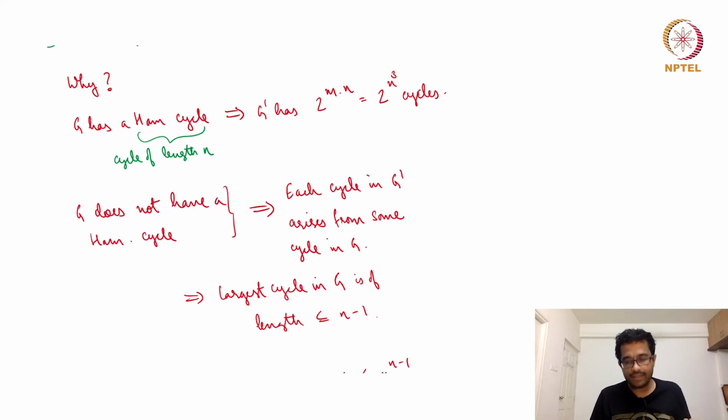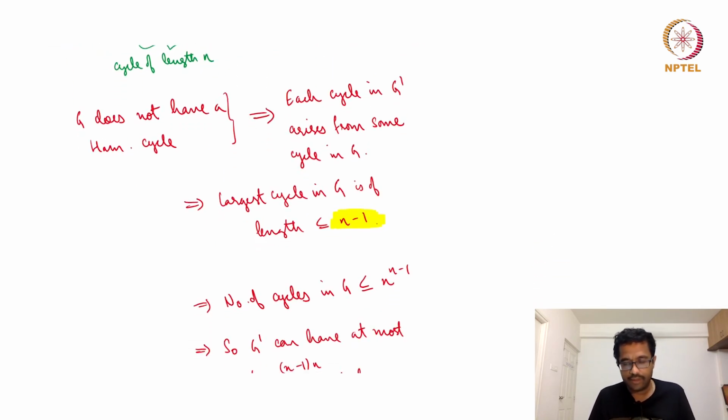So what is the length of the largest cycle in G? We know that there is no Hamiltonian cycle, so the length of the largest cycle in G is n minus 1. How many cycles could there be in G? The first vertex can be chosen in n ways, the second vertex in n ways. In fact, you cannot repeat a vertex, but anyway, we are considering an upper bound.